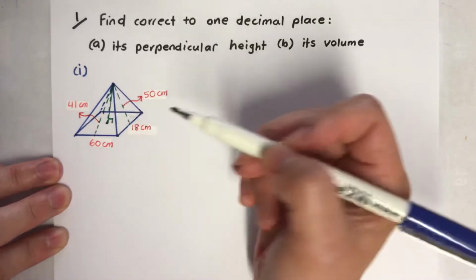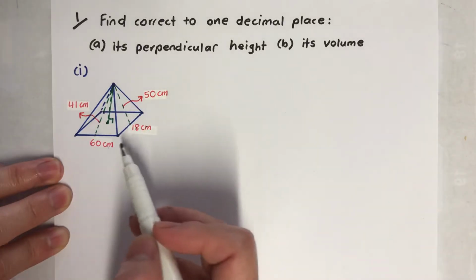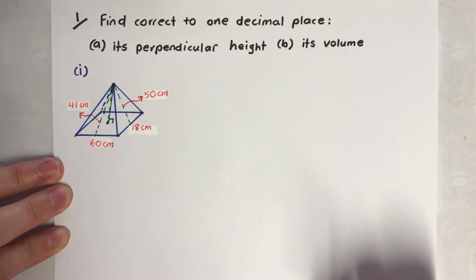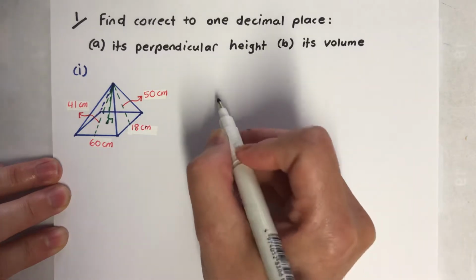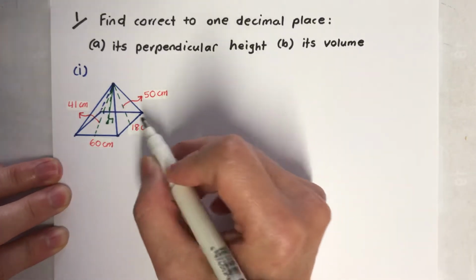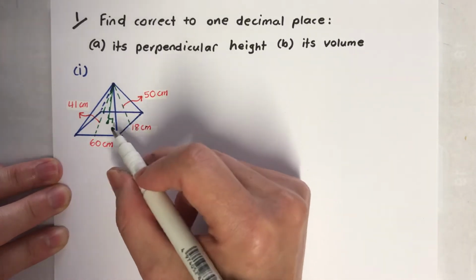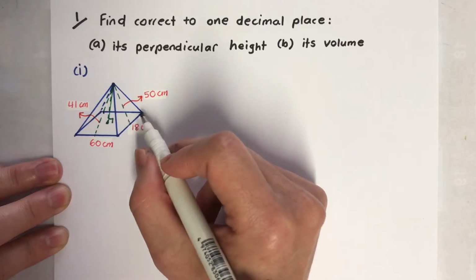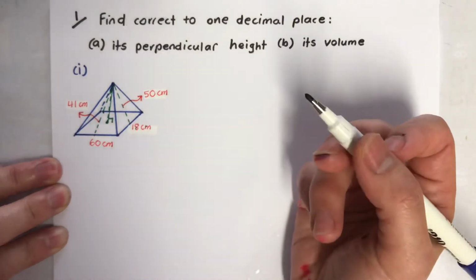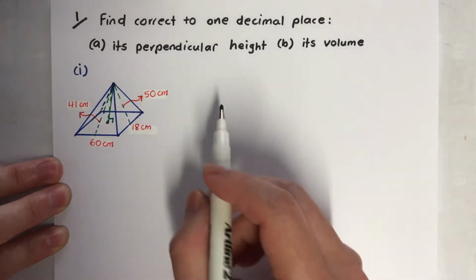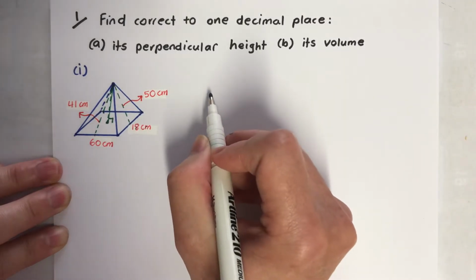Now they've got two slant heights because it's got a rectangle on the bottom, so they're different lengths. Now it doesn't really matter which slant height you use, or the length or width, to find the height, because the height will be the same.